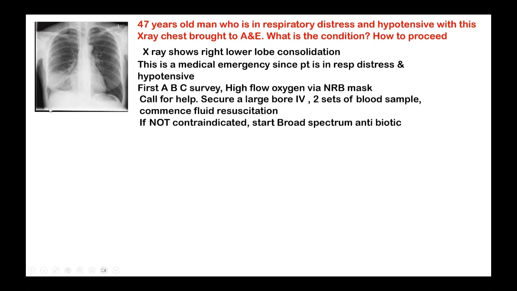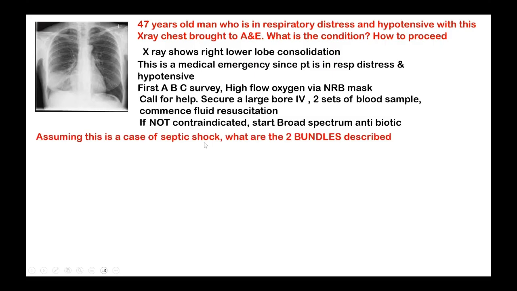Because once you have a consolidation or pneumonia, it's a septic focus. So start broad spectrum antibiotics also. Assuming this is a case of septic shock, what are the 2 bundles described for that?